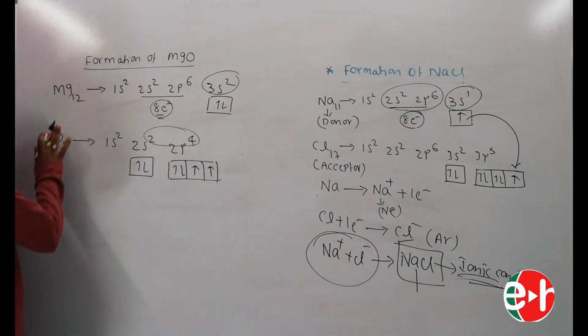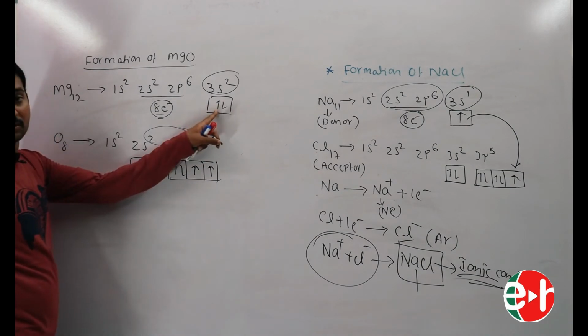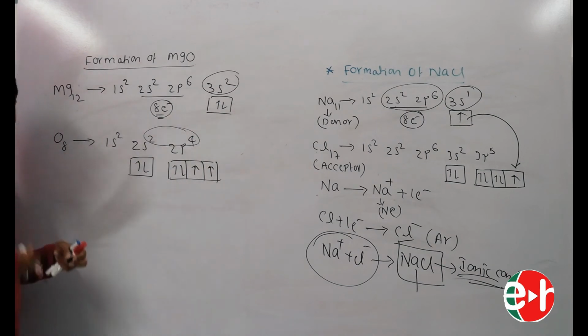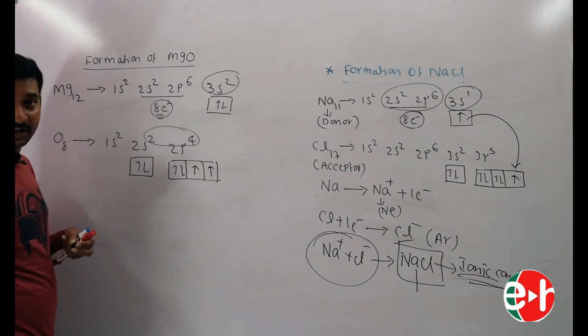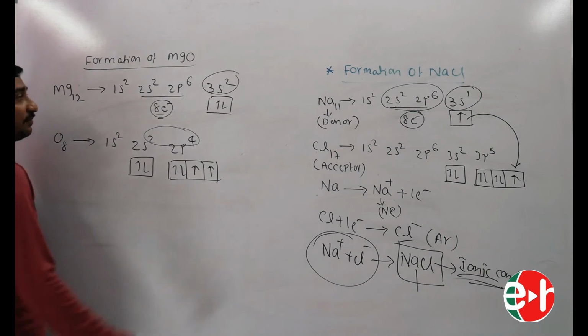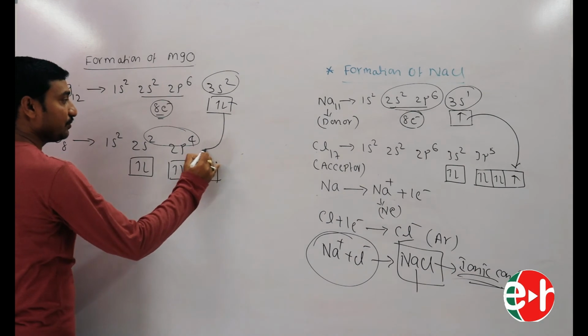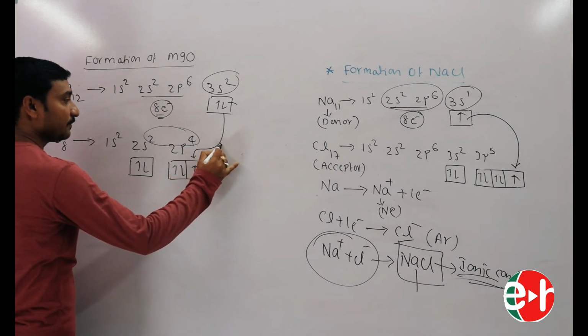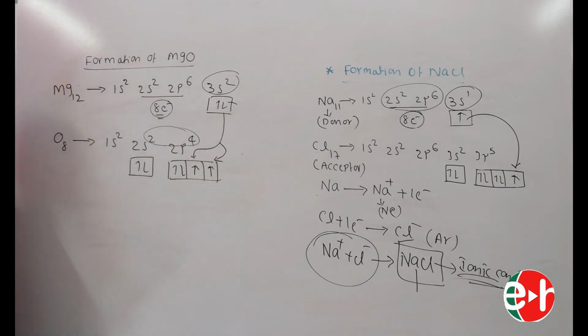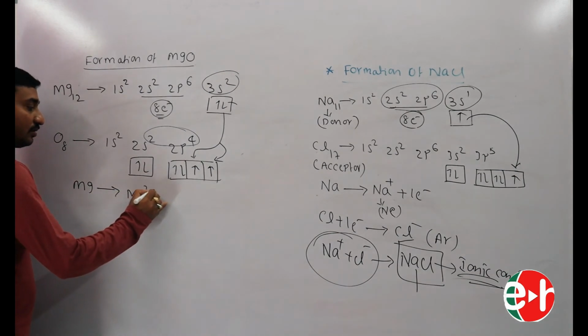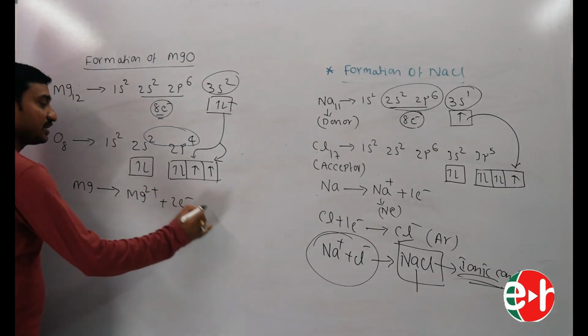Now magnesium asks oxygen, dear oxygen, I'll donate 2 electrons. You can accept 2 electrons, both will form ions and will get stable and form an ionic bond. Then magnesium transfers these 2 electrons to oxygen. Then Mg becomes Mg2 plus, losing 2 electrons.